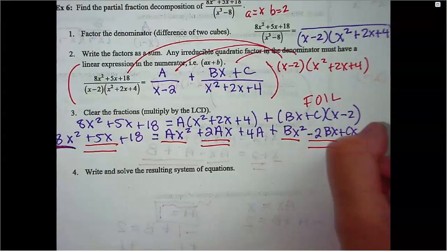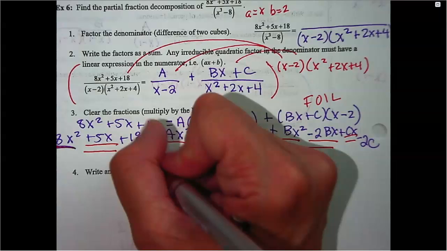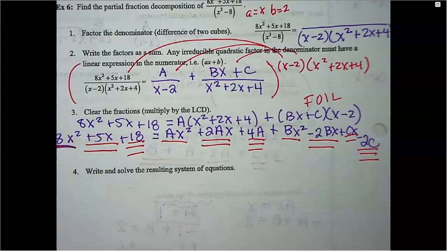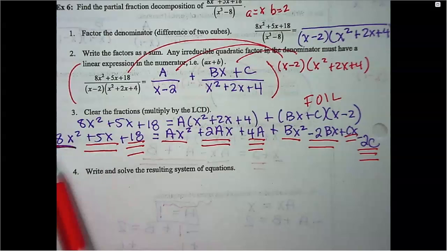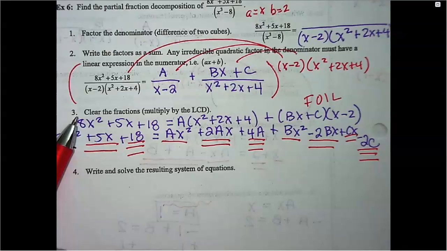We're going to take 18 and put it equal to 4a and negative 2c. If you were missing something over on the left, say you had no x squareds, then you would put the x squareds equal to 0.